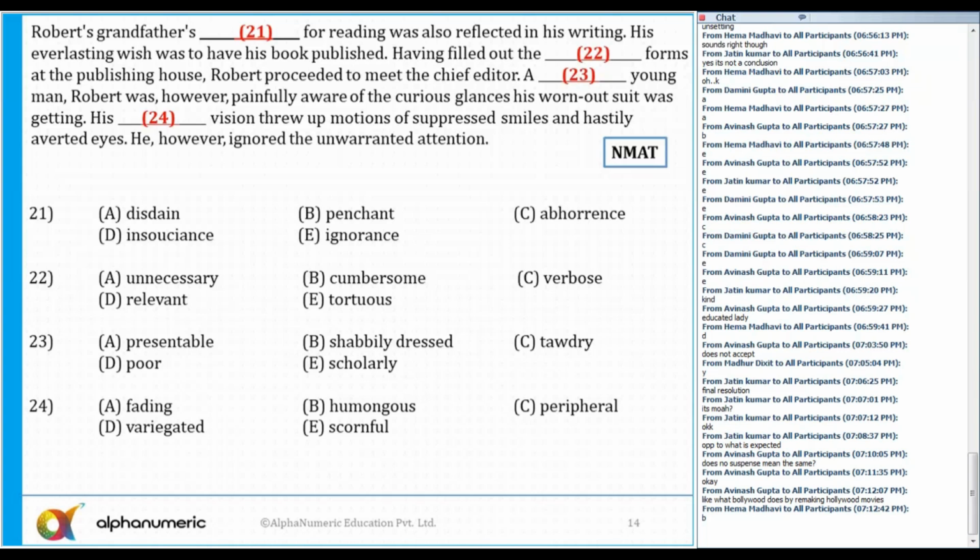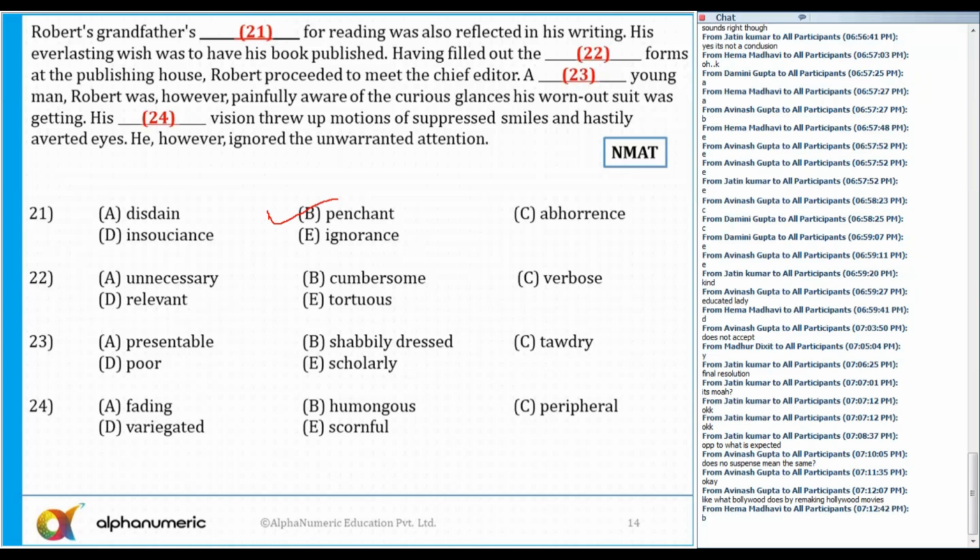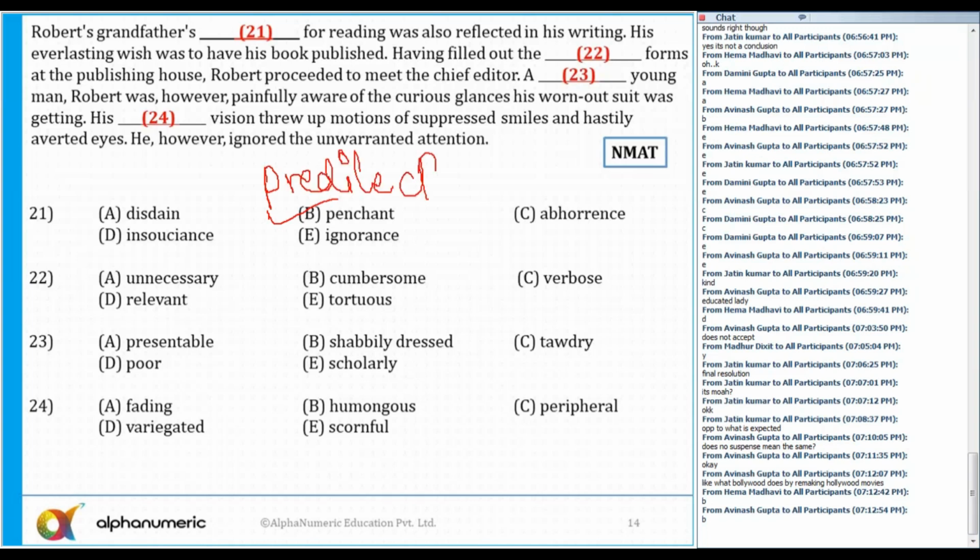So we need a word that means he was very interested. This word is pronounced penchant or penchant. I think we have discussed this word many times. It is a predilection, it is a liking for something.